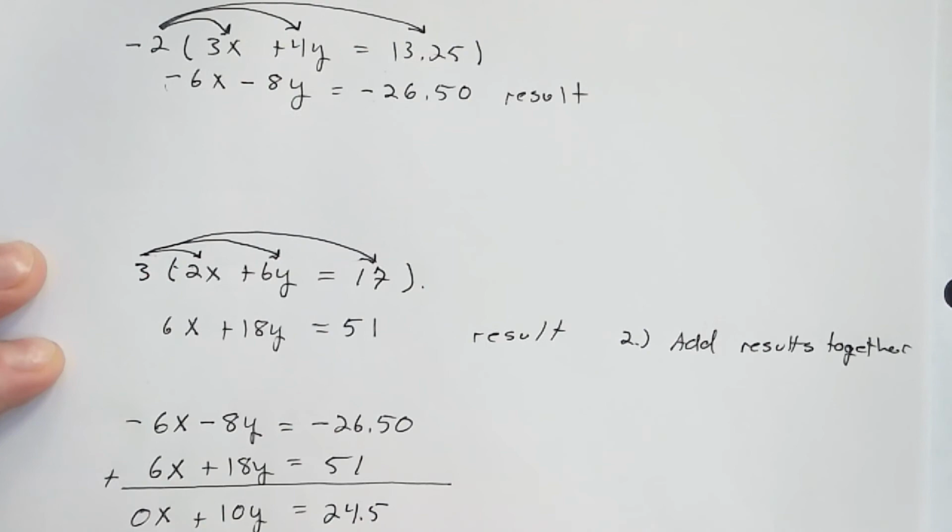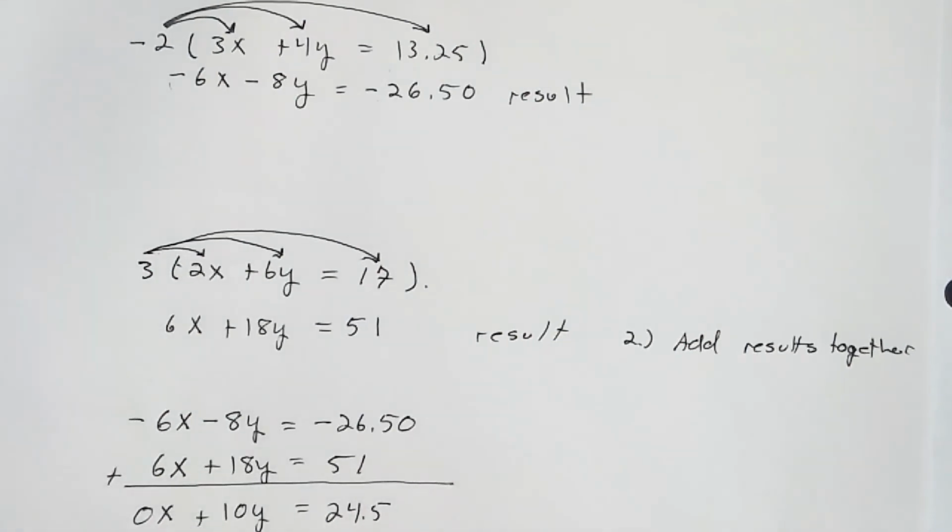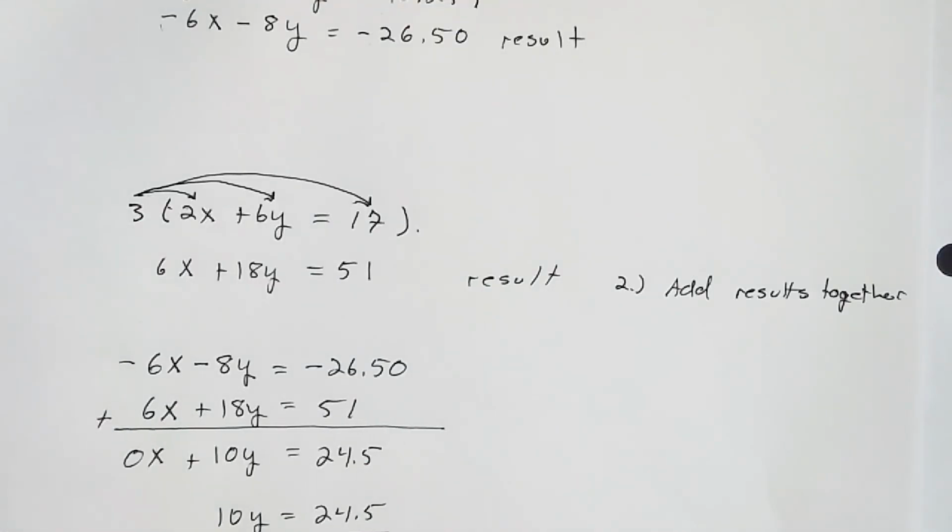So 10y is equal to 24.5. Divide by 10, divide by 10. Y is equal to 2.45. Just move that decimal place over one time. So y is equal to $2.45.